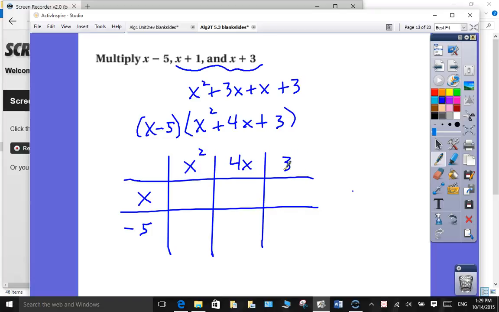Okay, now I'm going to fill up the grid. x to the third, plus 4x squared, plus 3x, minus 5x squared, minus 20x, minus 15. So combine like terms, x to the third.